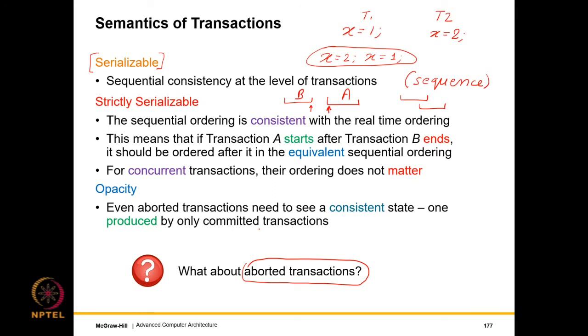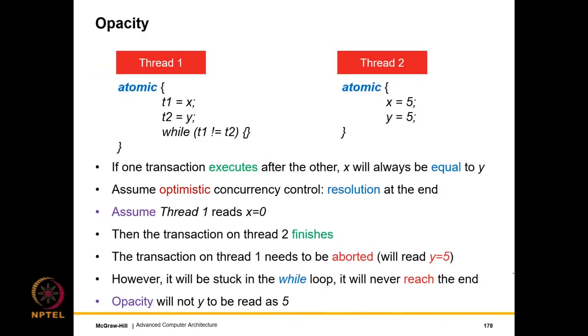Is an aborted transaction allowed to see a state which is always consistent, or can it be slightly different? And what implications would that have?